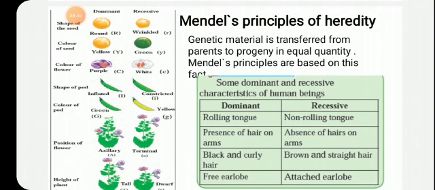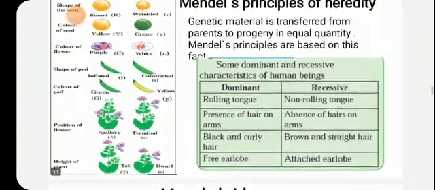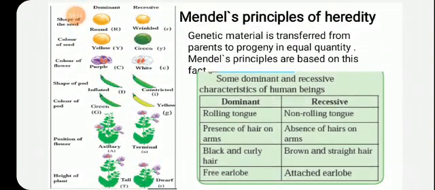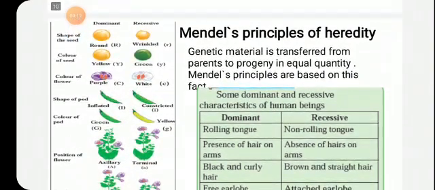He studied all these characters and found that, for example, if we take the shape of the seed, some are round and some are wrinkled. Whatever is powerful is called dominant, and whatever has a lesser quality is called recessive. Accordingly, he considered each character as a dominant and a recessive one.